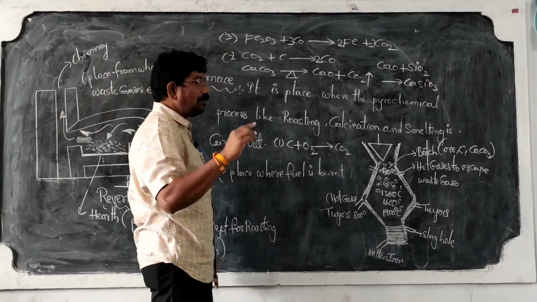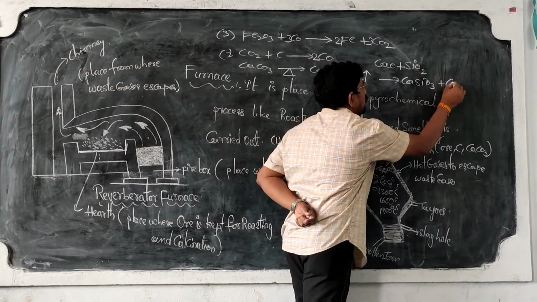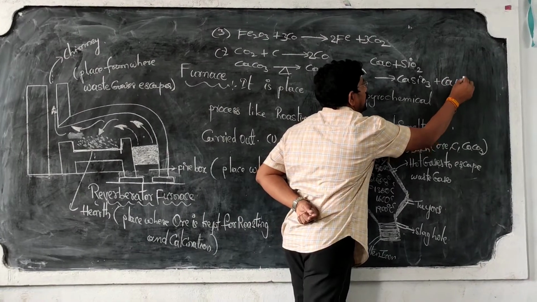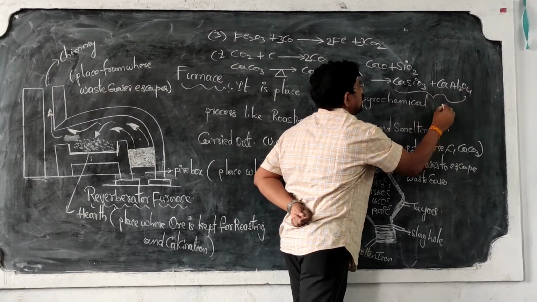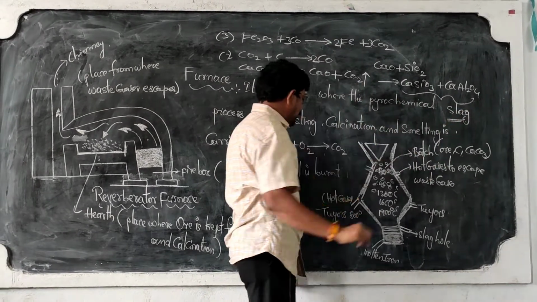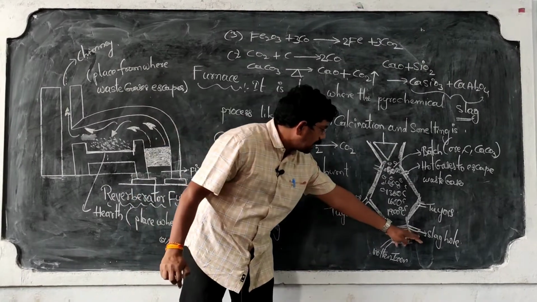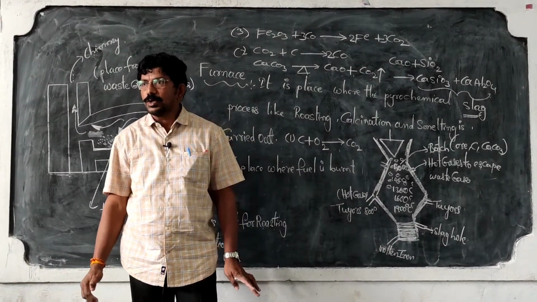And at the same time, if aluminum oxide is also present as an impurity, calcium aluminate, CaAl2O4. This is known as slag. This slag is removed at regular intervals from the slag hole. Are you clear about that one?